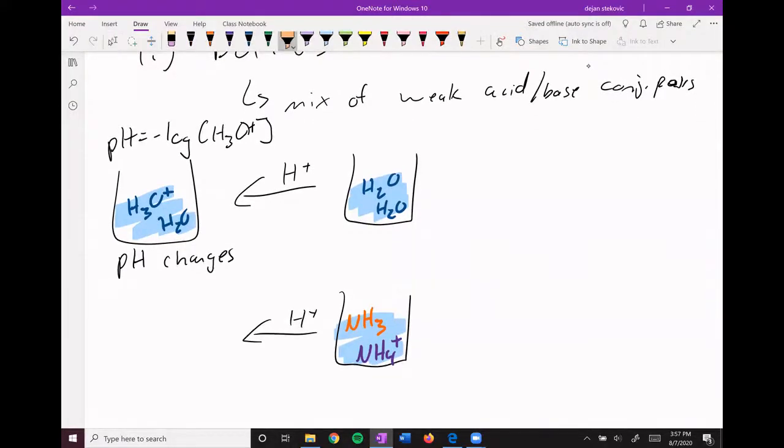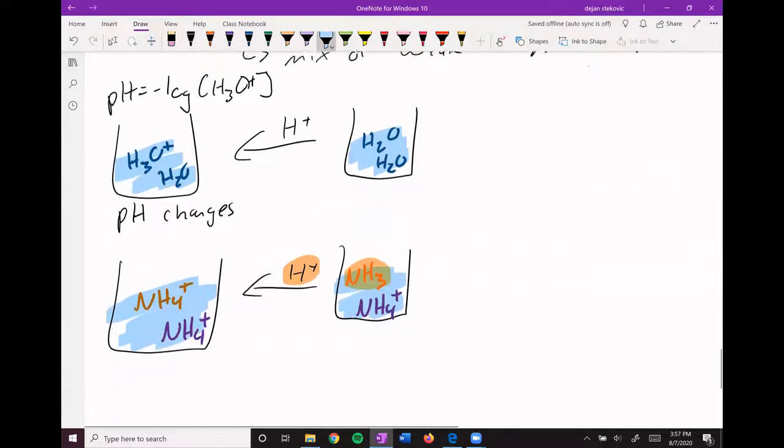Now, when we add the acid to this solution, instead of interacting with water, it's actually going to interact with our weak base. Our weak base is going to absorb that H+ to form some NH4+. And then, of course, we'll have that other NH4+ still in solution.